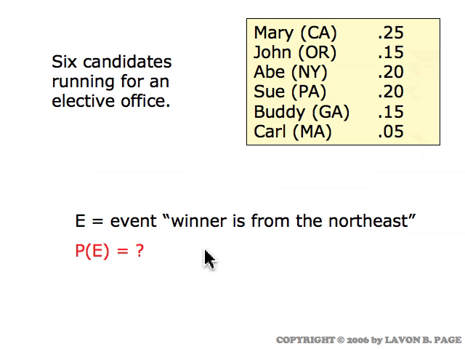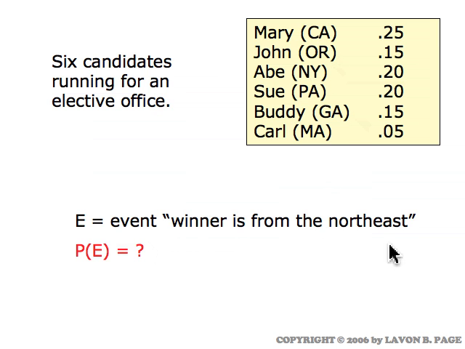E is the event that says the winner is from the Northeast. So let's see, what cases would that cover? The candidates from the Northeast are: Carl is from Massachusetts. Sue is from Pennsylvania. I guess we'll count Pennsylvania as Northeast. And Abe is from New York. The other 3 states are certainly not from the Northeast.